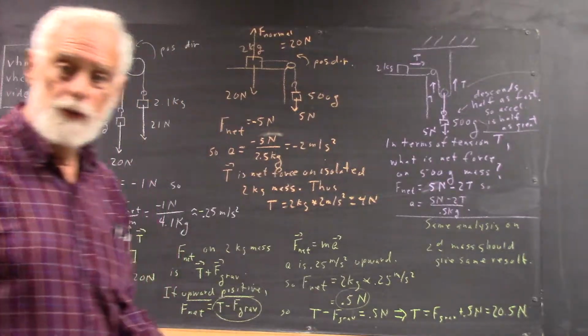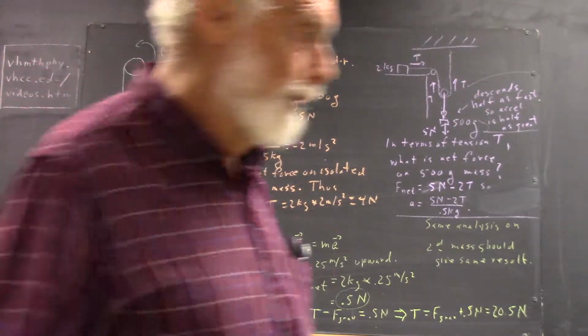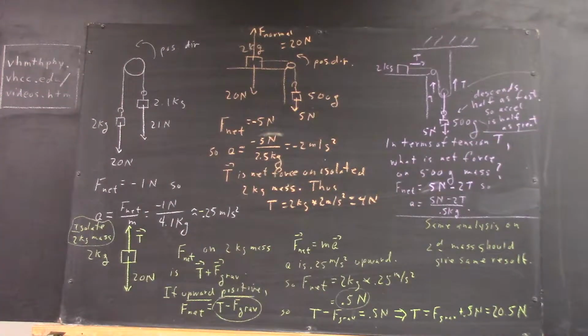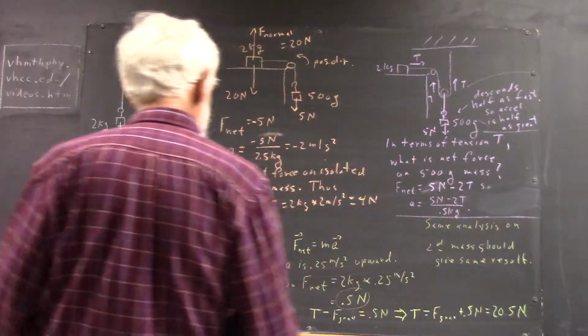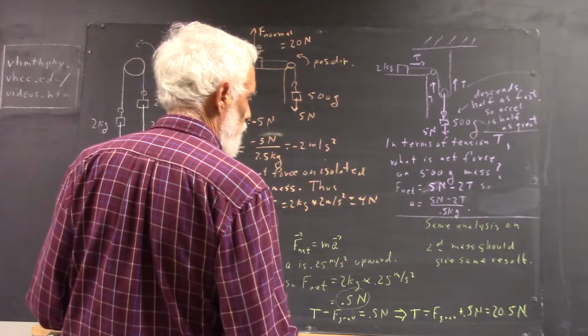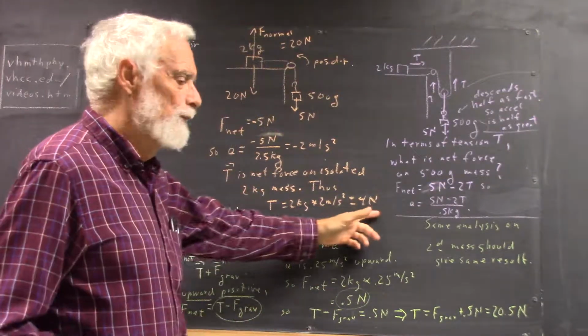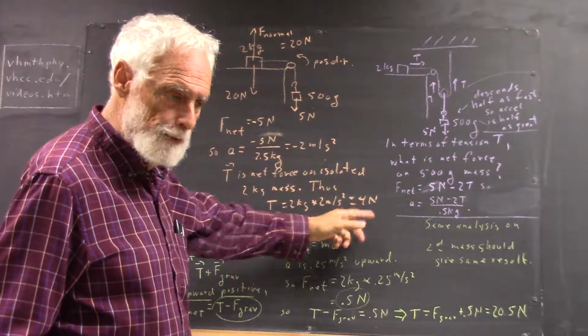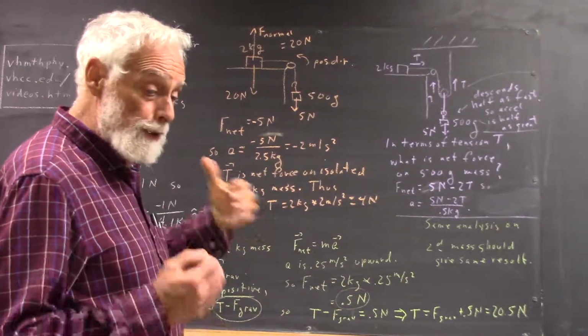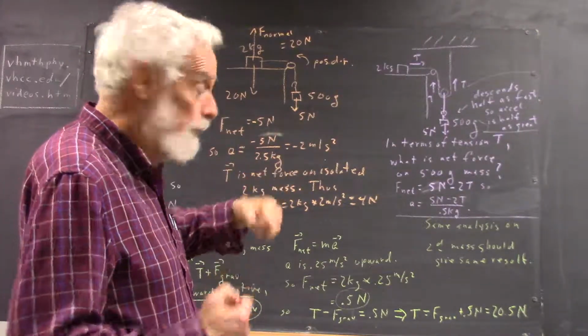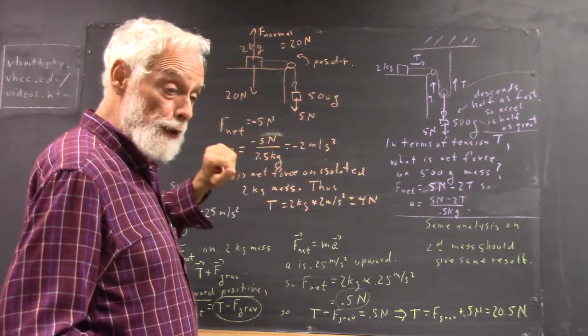It's 4 newtons, and if we want to be complete, we'll say it's 4 newtons to the right, but we just express tension by its magnitude, okay? There's a 4 Newton tension pulling the ends of the string together.